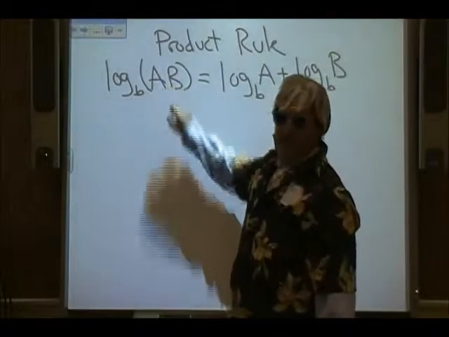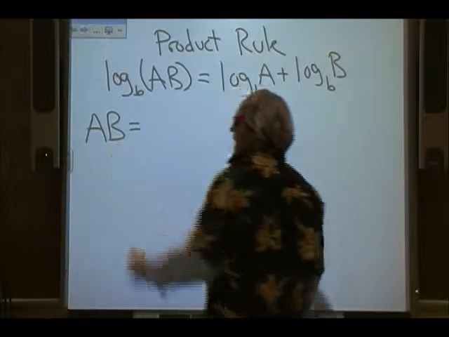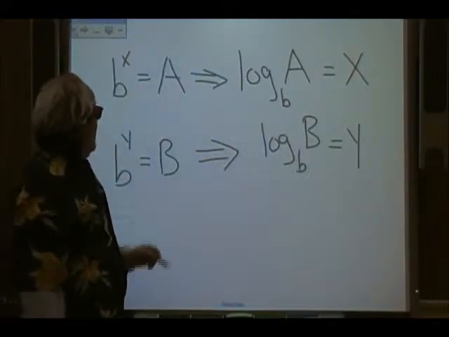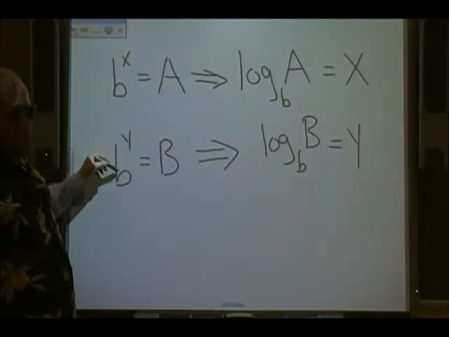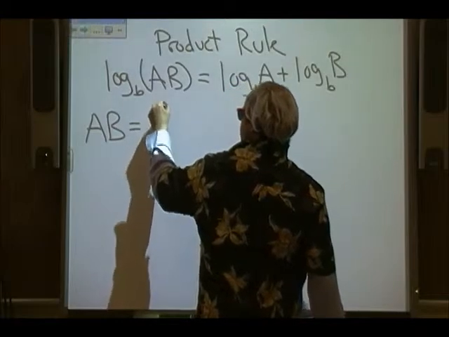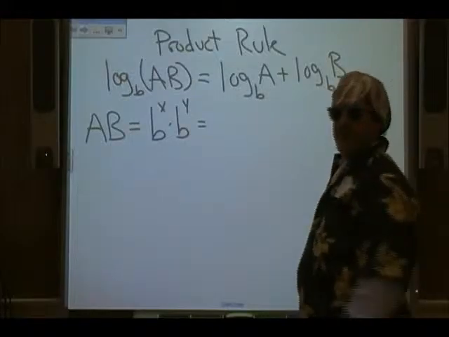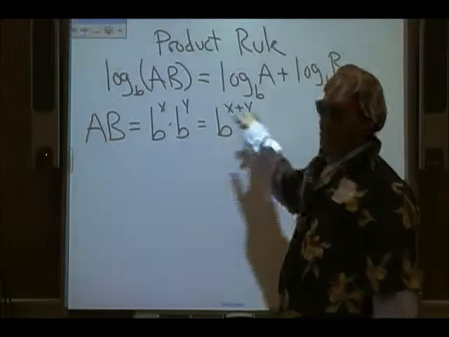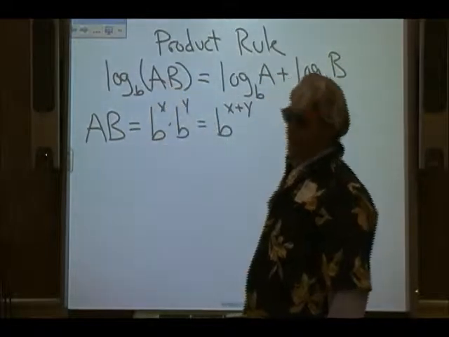Well, let's start with ab. Well, a times b is equal to, if we go back, a times b is equal to b to the x times b to the y. So that's b to the x times b to the y. And what you know, when you multiply the same base, you add the exponents. See? It's based on these exponents. Now, we want the log of this.